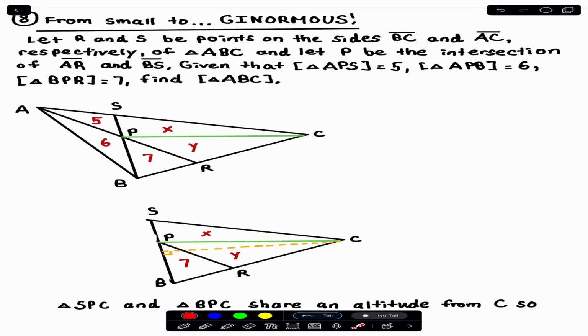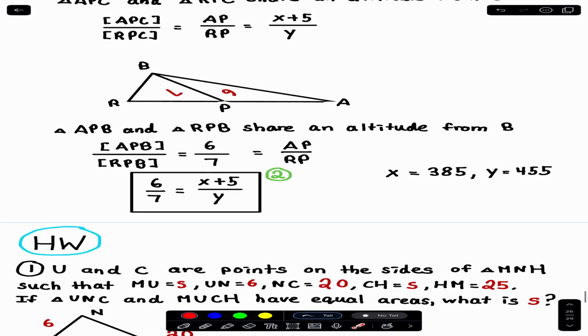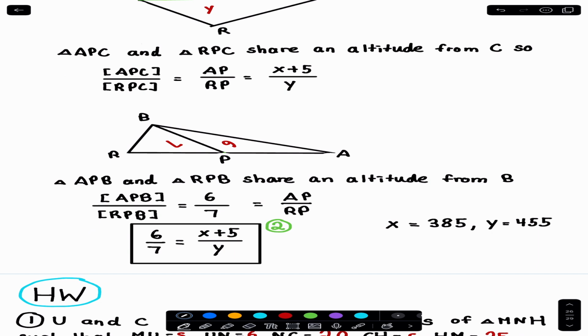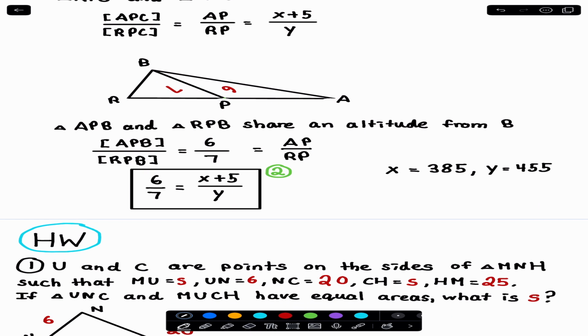And since we need to find the area of triangle ABC, we need to add 5, 6, 7, 385, and 455. And when you do that, you are going to get a final answer of, believe it or not, 858.